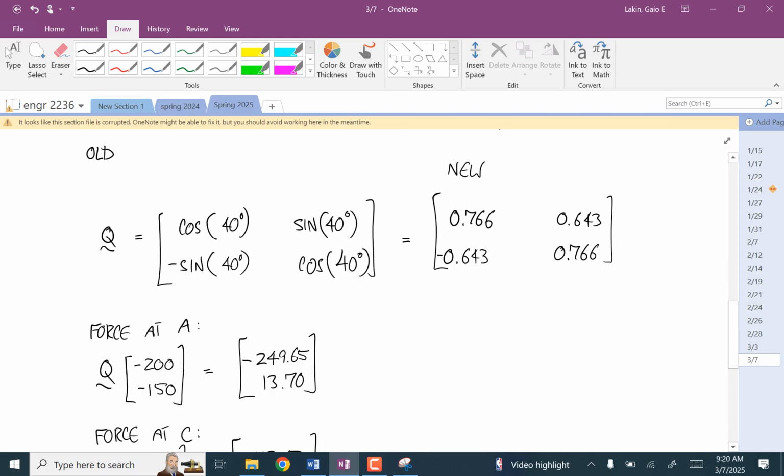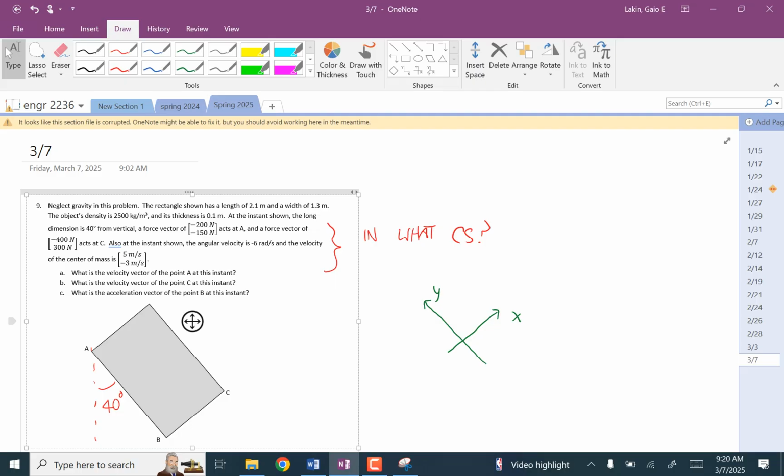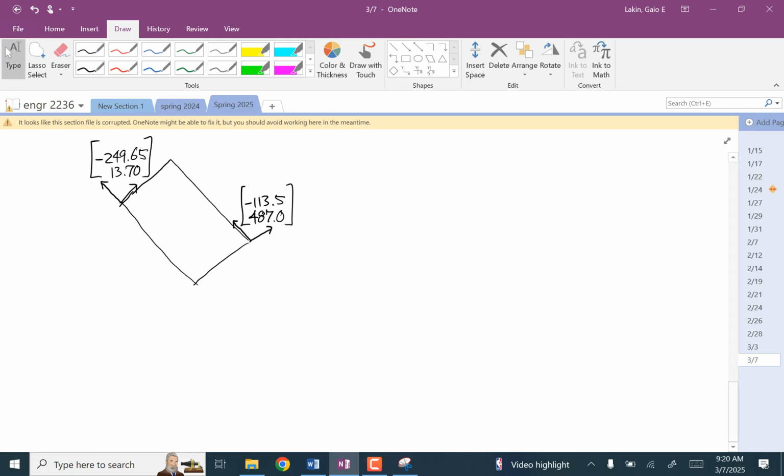Okay, so the first question is, what's the velocity vector of the point A? Well, it asks the velocities of A and C. So for both of those, we're given the velocity of the center. Anywhere you know the velocity or the acceleration, you're going to use relative motion with that as the intermediate point.